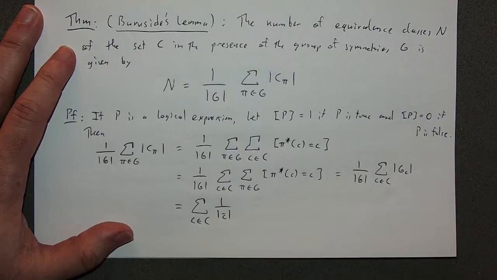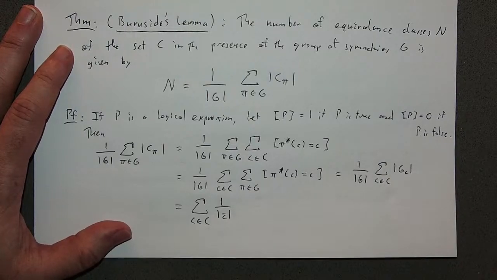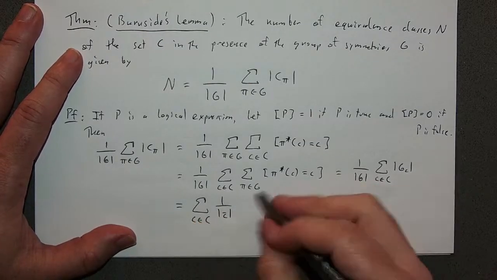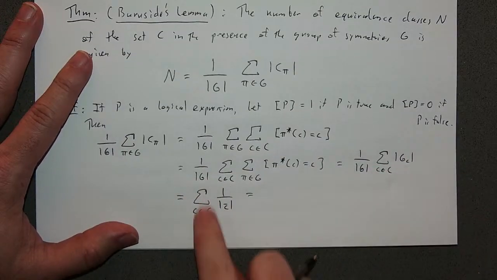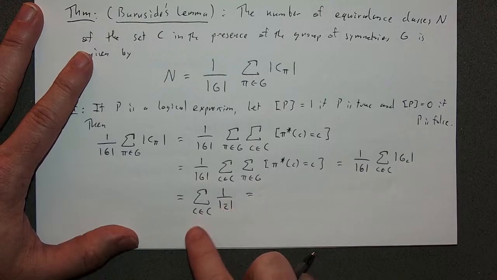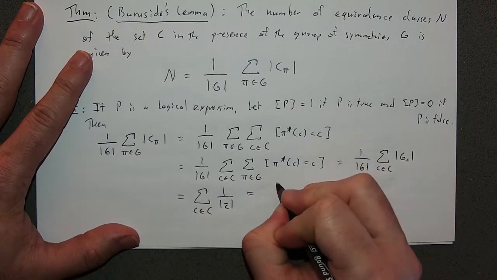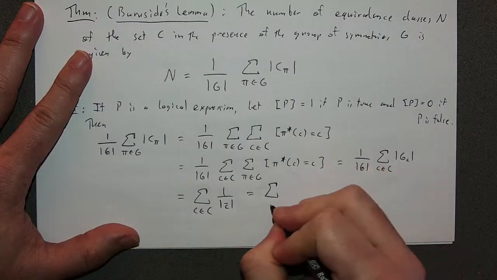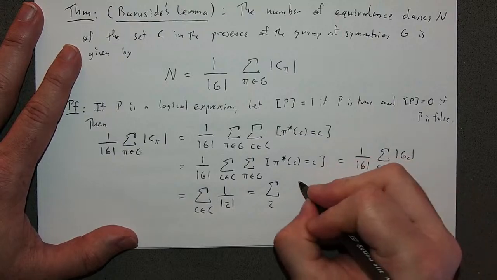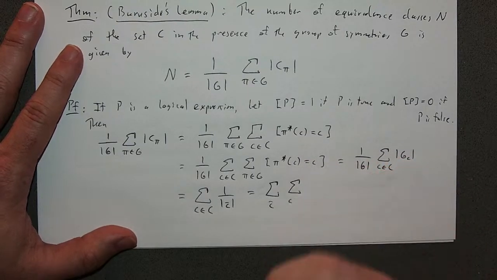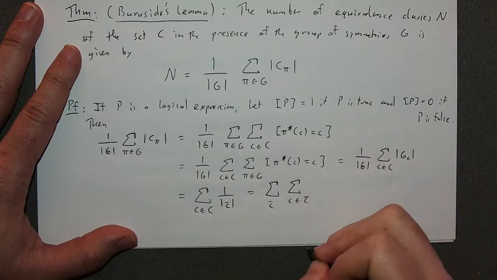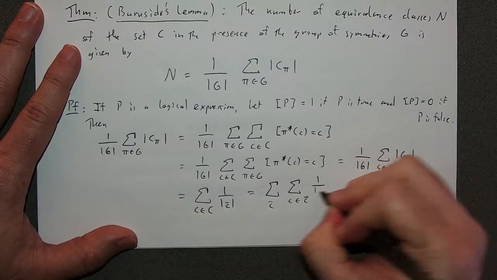Okay. But what is this? Well, I can rewrite this sum. This sum's a little confusing because the sum is over C, but then C bar shows up. This is the same as if I sum over C bars, where I then sum over colorings in little c bar, this same thing.